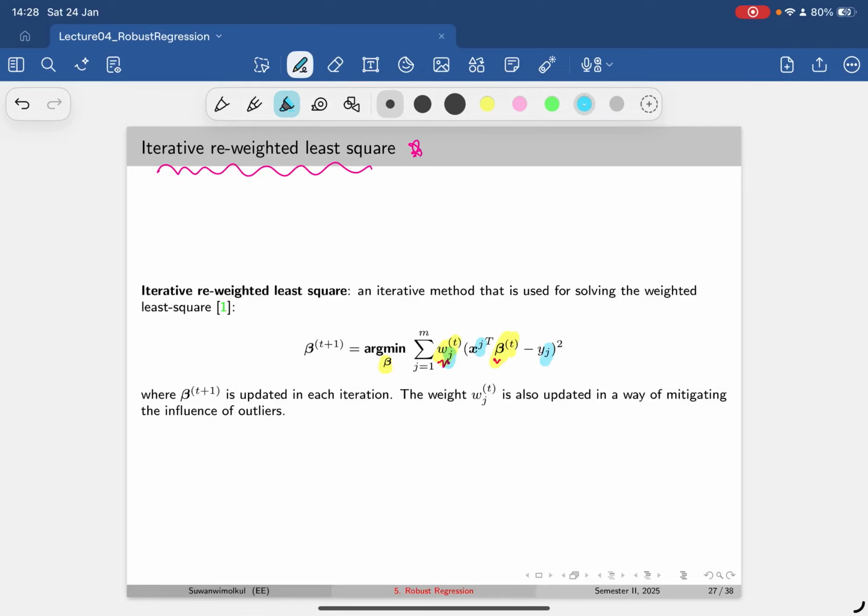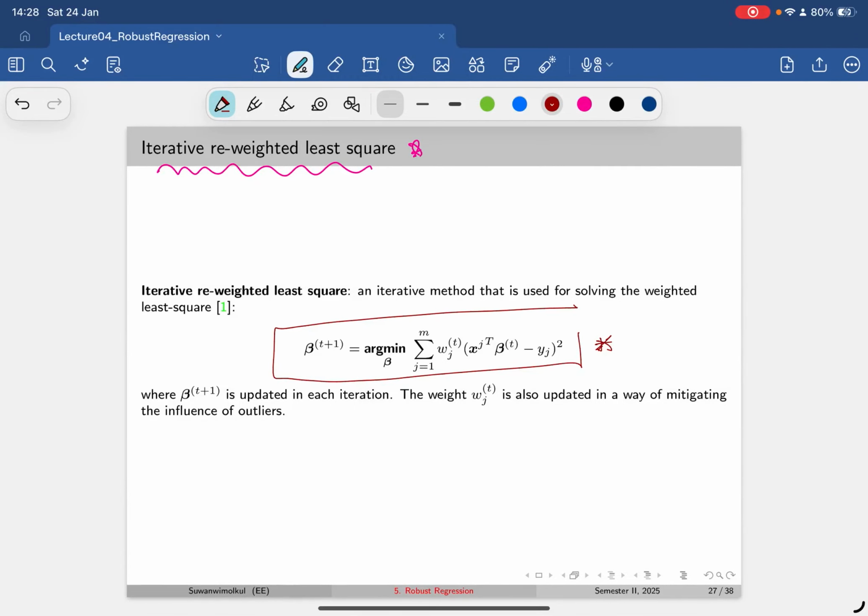Or maybe you could weight it with high impact or low impact. And this algorithm will not only optimize for beta, but also for the weight. This line is more like the update formulation for beta.